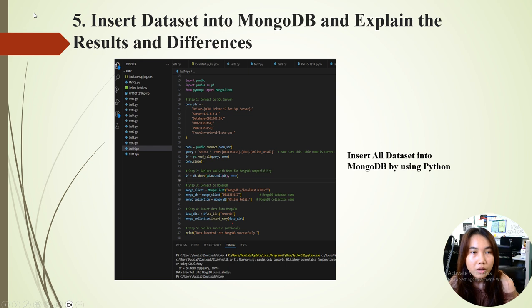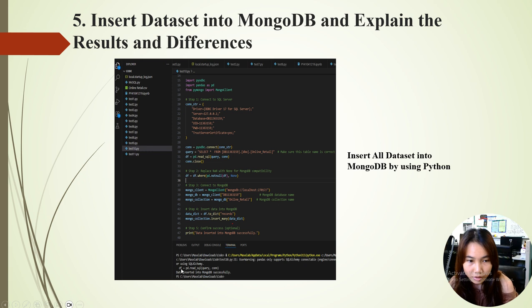Section 5 is about inserting the dataset into MongoDB and explaining the results and differences. Besides SQL, I also use MongoDB. Firstly, I inserted the full dataset into MongoDB using Python.